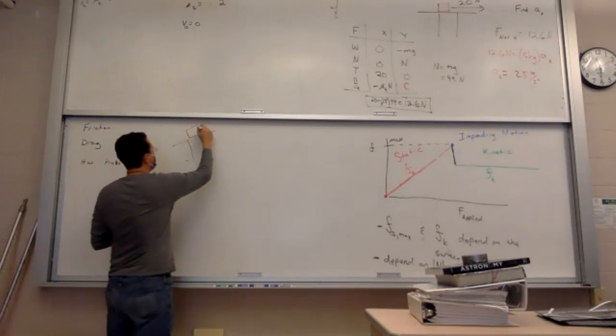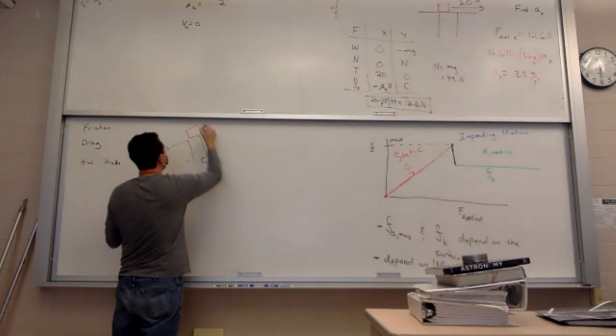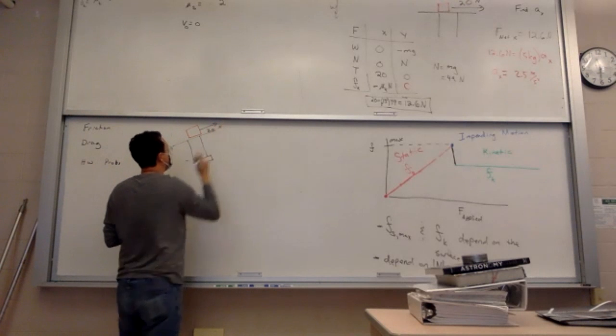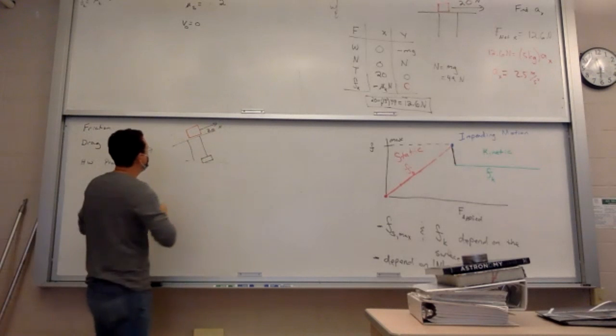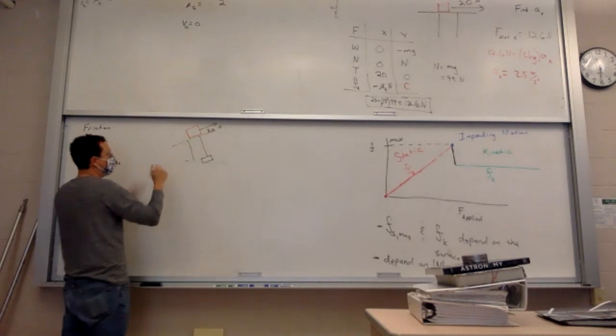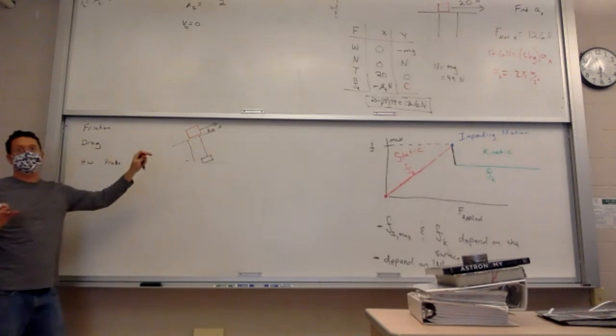We'll say you're pulling up the rope or up the ramp or table with 20 newtons. Just keep the numbers the same. And we'll say it's really tipped like crazy.